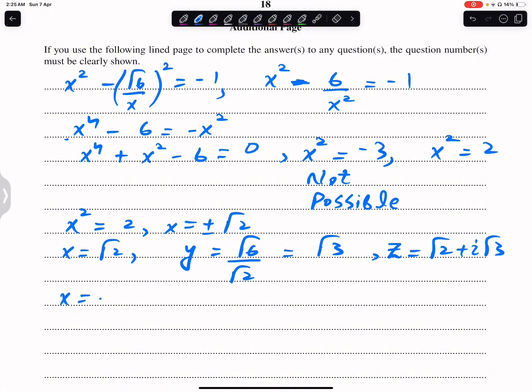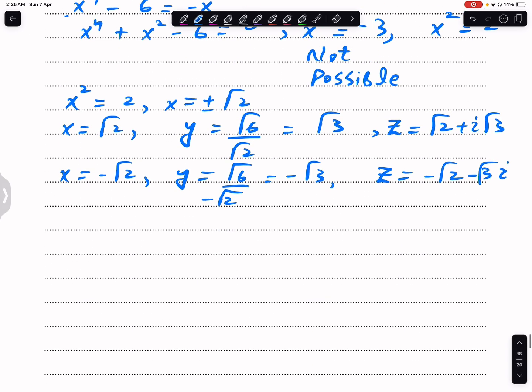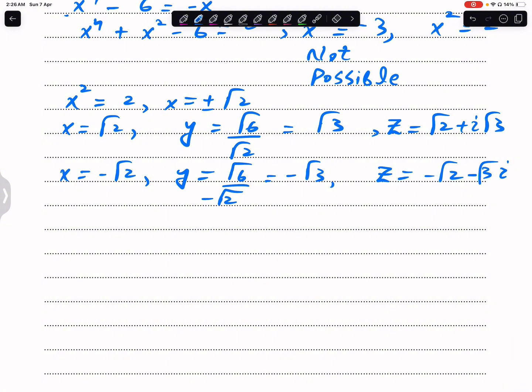And if x is negative √2, y is also negative √3. So the second complex root is minus √2 minus i√3. So again, these are my other two roots of p(z²) equal to 0.